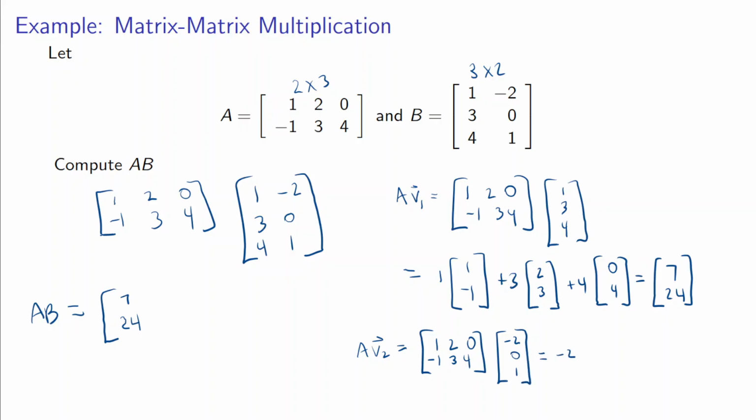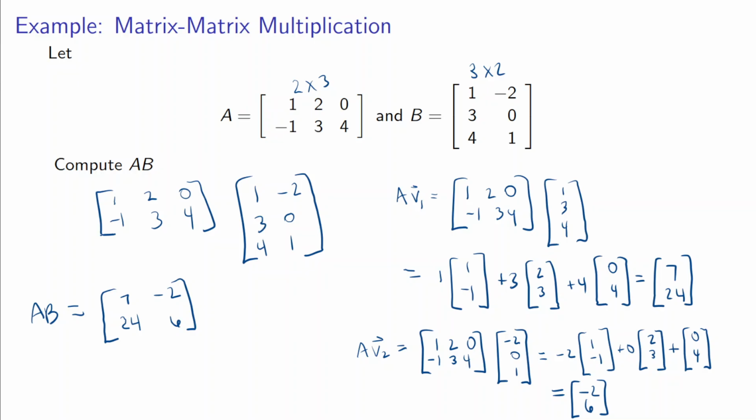And so this is going to be negative 2 times (1, negative 1), plus 0 times (2, 3), and then plus 1 times (0, 4). So we work all that out. We get, again, a vector in R2, negative 2 plus 0 plus 0. So it's just negative 2. And then 2 plus 4 is 6. This is going to be the second column in the product, so (negative 2, 6).